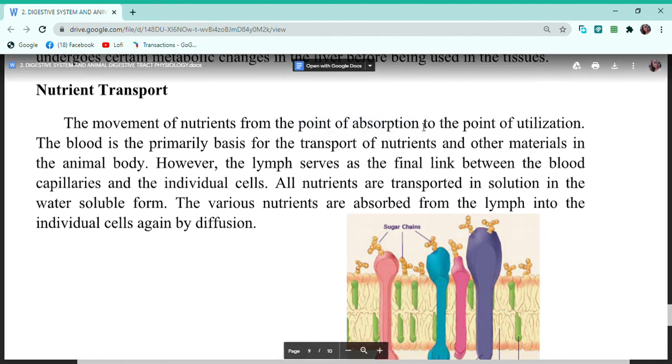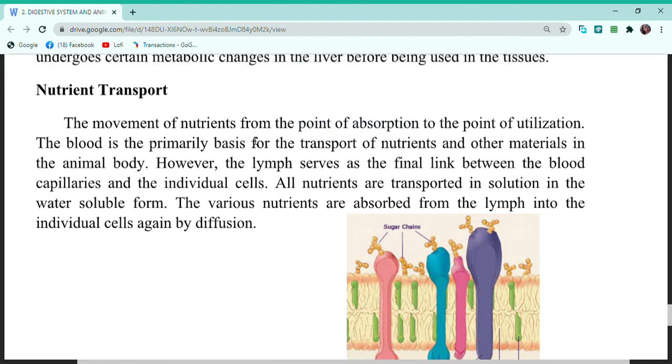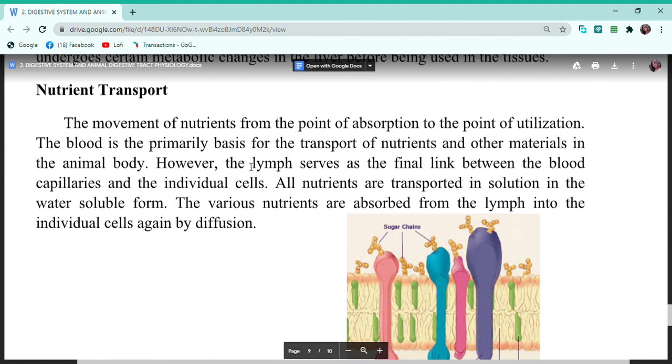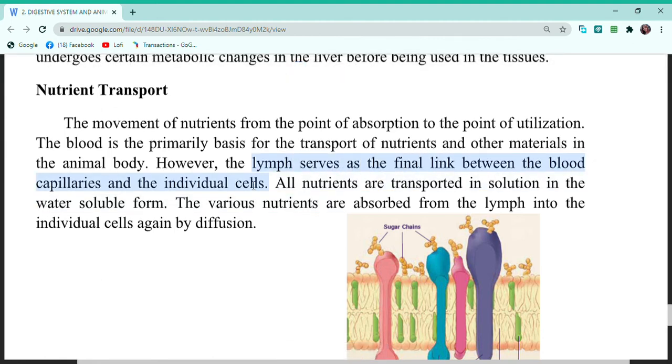And the lymph serves as the final link between the blood capillaries and the individual cells. So, ibig sabihin nito, kung si blood ang nagta-transport ng mga nutrients and other materials, susunduin siya ni lymph para dalhin niya sa mga individual cells yung nutrients na yun. And so, all nutrients are transported in the water-soluble form.